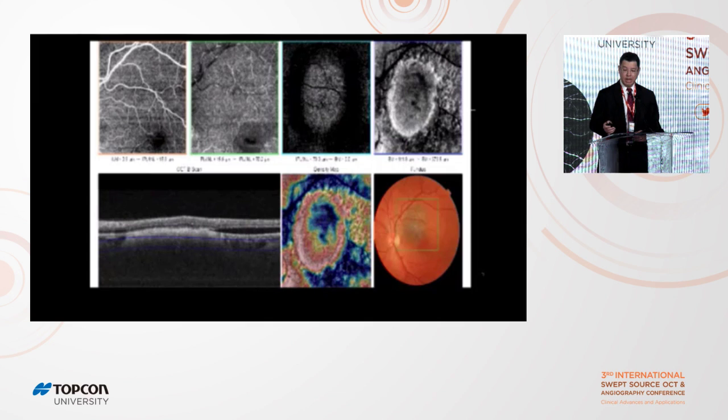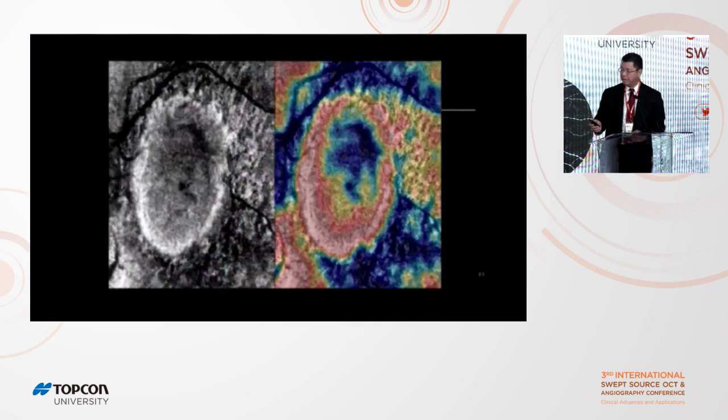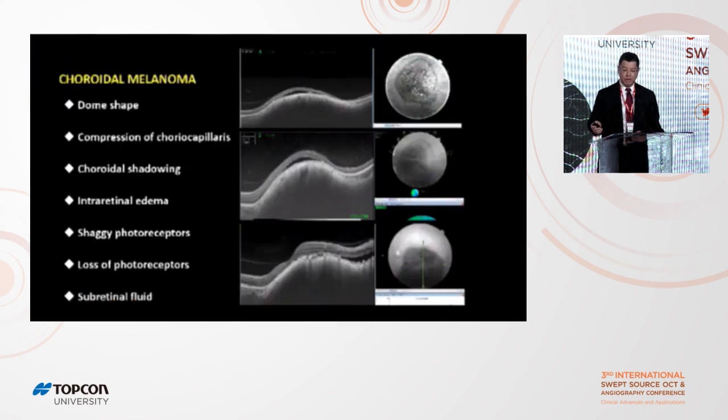This one, particularly, has subretinal fluid. This choroidal nevus has a hyperreflective ring with some lack of reflectivity centrally. This is another example, a similar image.